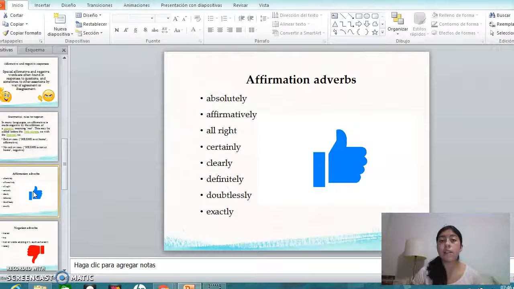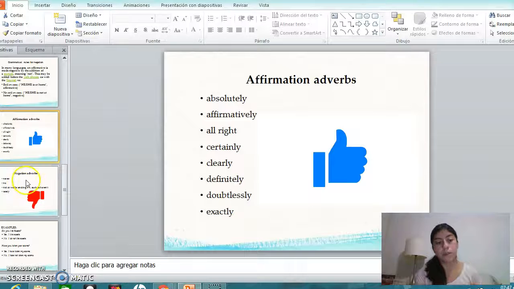We all know that there are even more adverbs, but I just wanted to put a few of them so you can recognize them, okay?